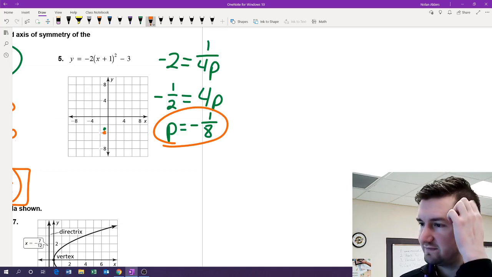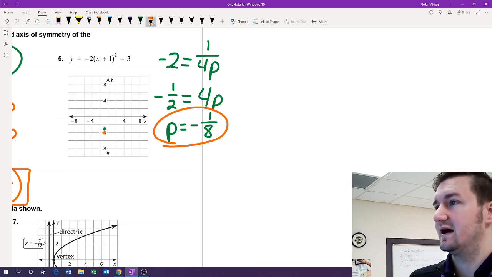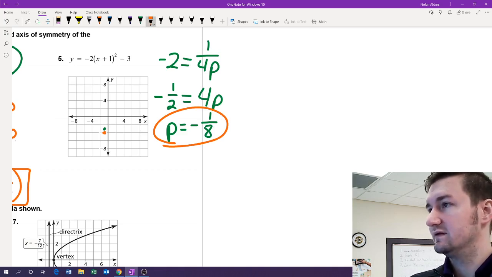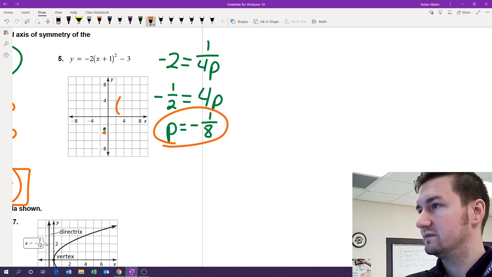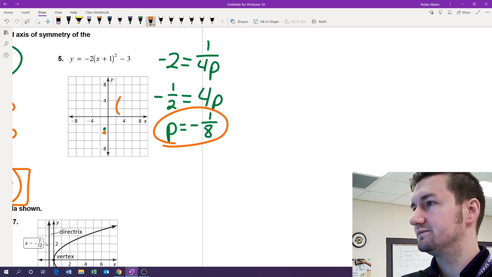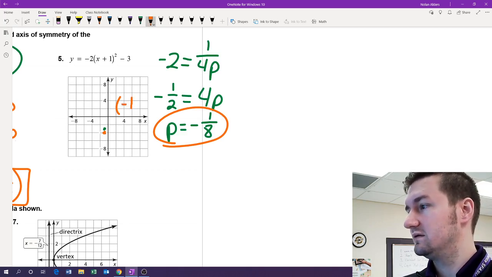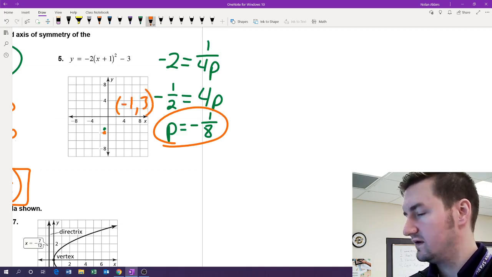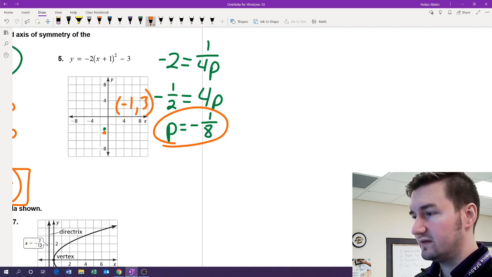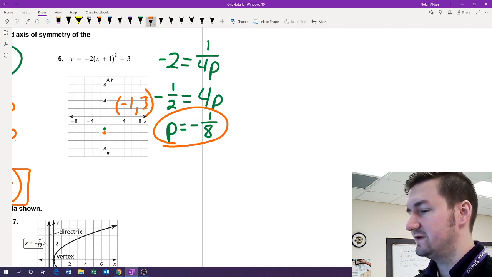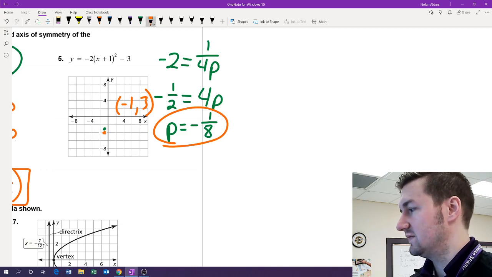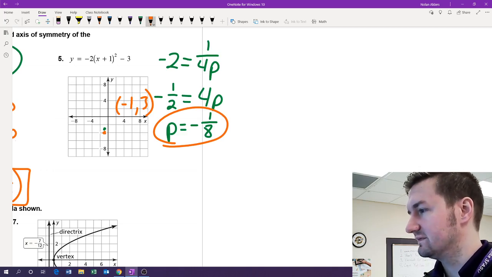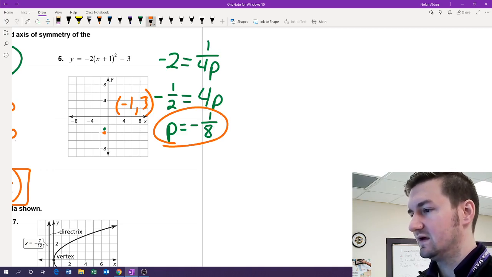So if the vertex is at -1, -3, and we're dropping the focus down by 1/8. Did I do that right?